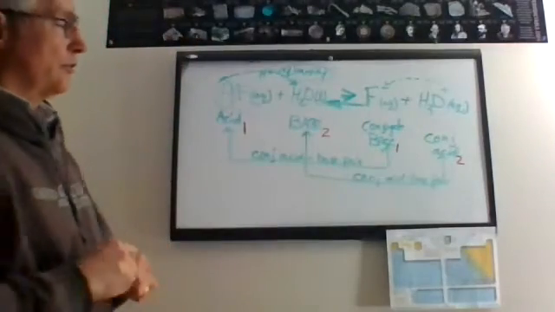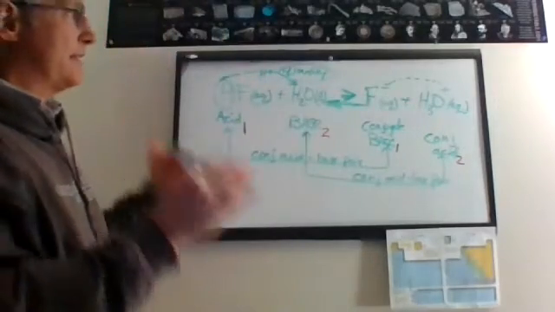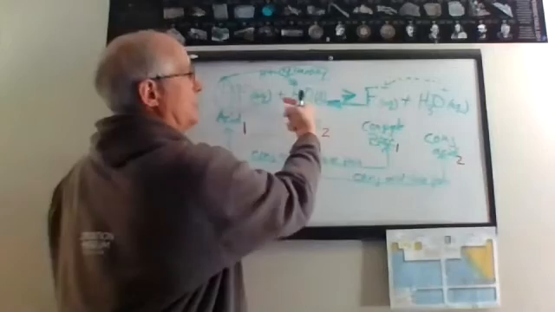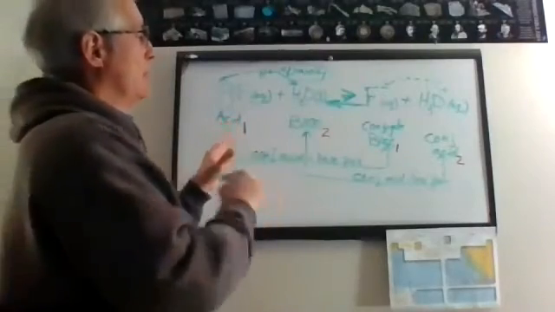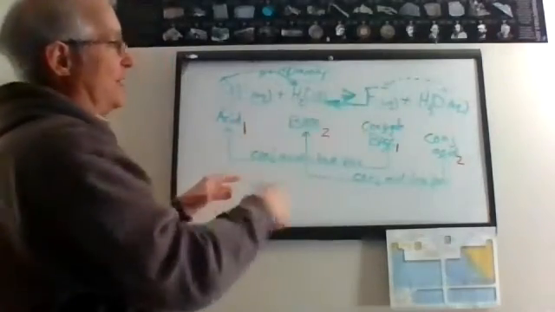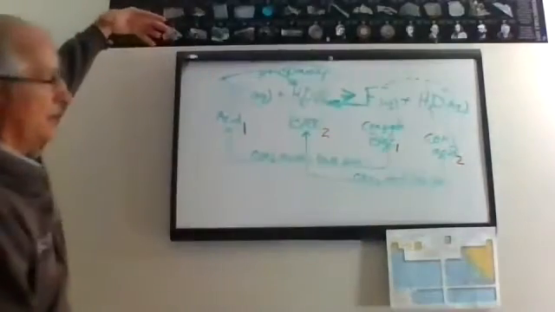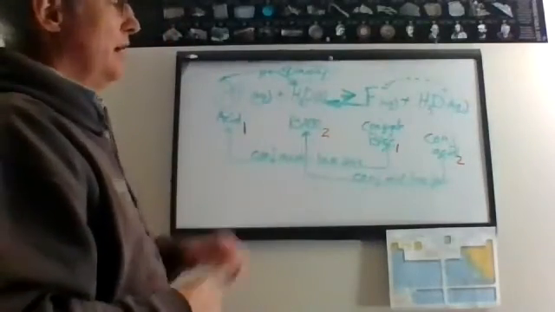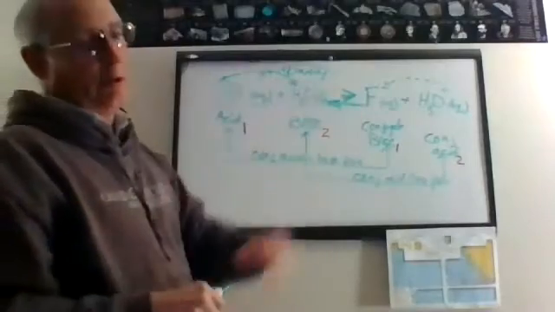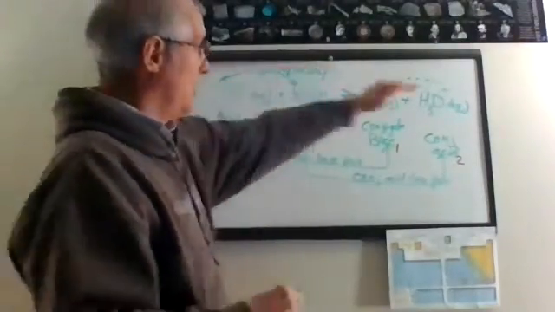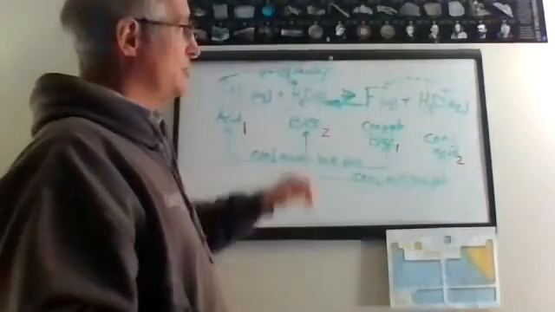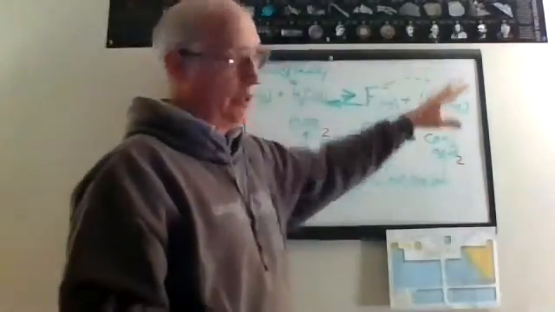Because there's only a few ions that form, and then all of a sudden it reverses on itself and it sets up such that the rate at which these are being formed is equal to the rate at which those are being formed, except that the rate is the same in which it's exchanging, but there are very few of these and there's a lot of these. Now, equations that go to completion, like for strong acids and strong bases, that means there's only one arrow going to the right, going to completion, all of the molecules turn into ions.